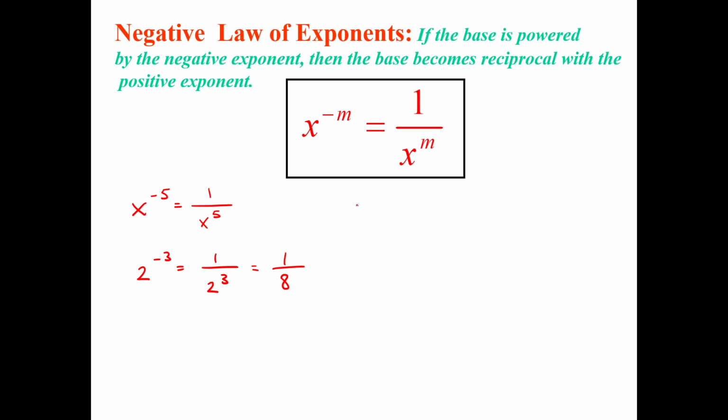If I have multiple things, let's just say 5x squared y to the negative power like this, I can bring only the thing with the negative exponent underneath as a fraction. Things with negative exponents will go to the bottom, or if they're already in the bottom, let's say you have 4x squared over y to the negative 5th, then I can bring them back to the top.